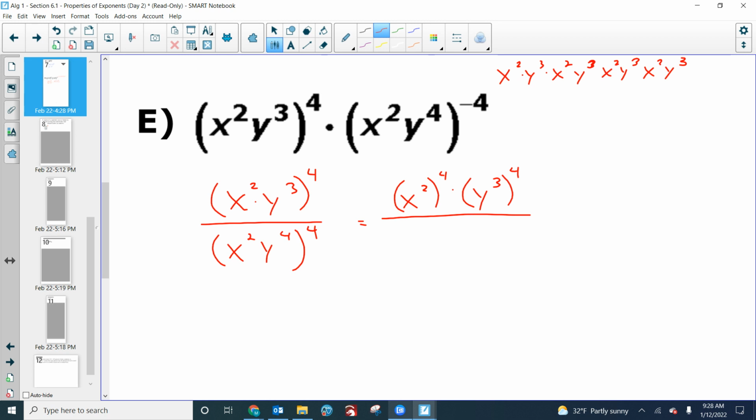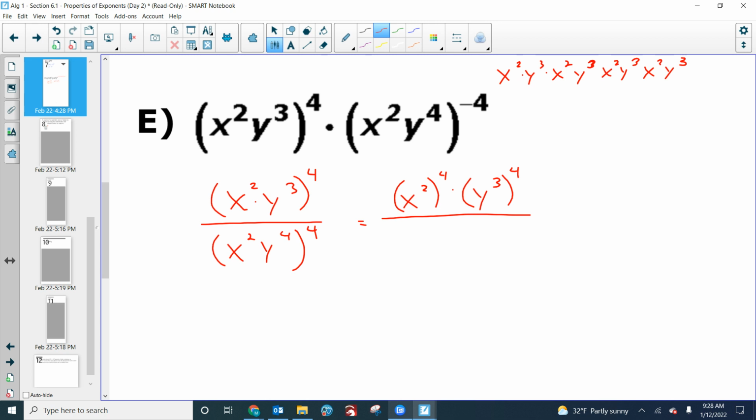Let's try, and maybe we need to go further. What do you think? X to the 6th. For those who had no idea, what's x squared? Isn't it x times x? Times x times x? Times x times x. That's repeated multiplication of x 6 times.